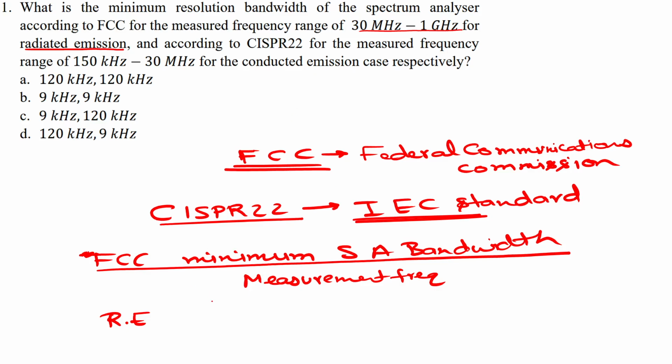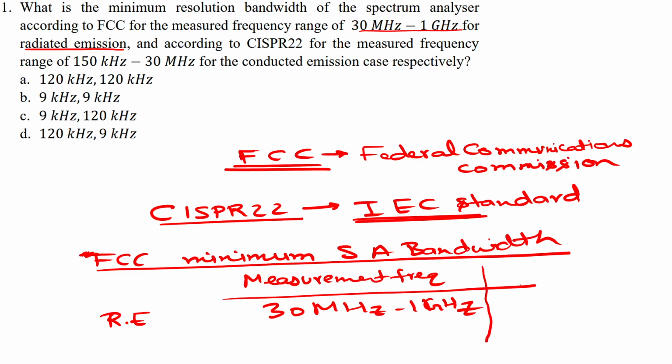If this is the measurement frequency, the resolution bandwidth, RBW, of the spectrum analyzer should be at least 120 kilohertz. This is a standardization body that has mentioned this, so it's kind of a fact that you should remember.